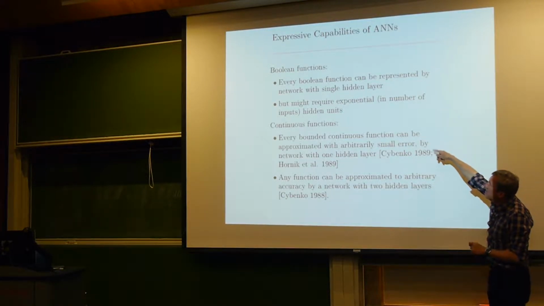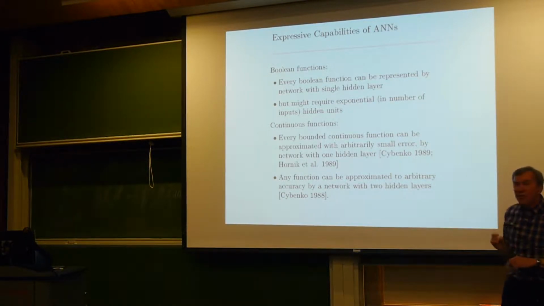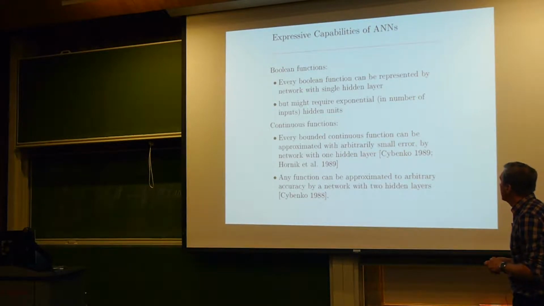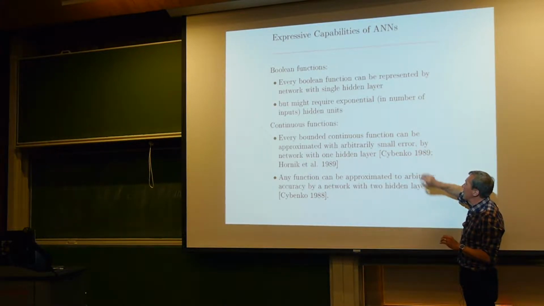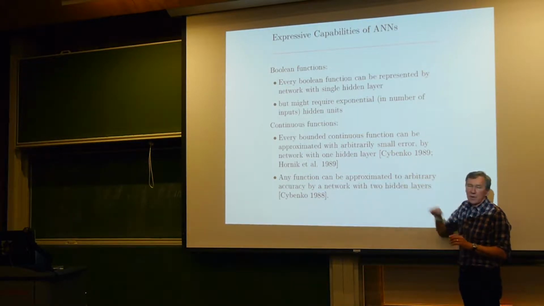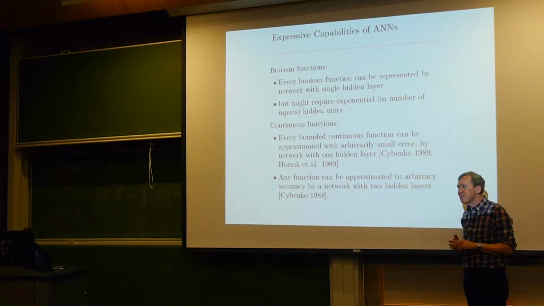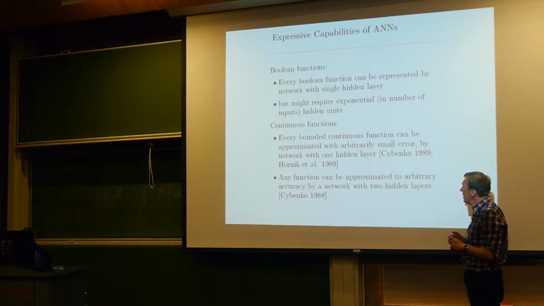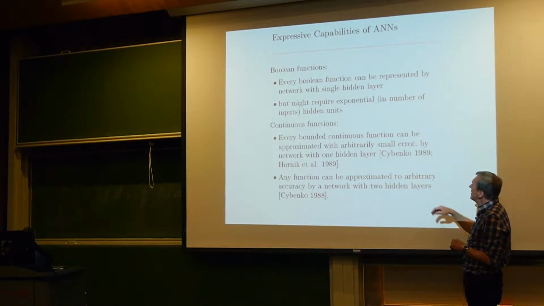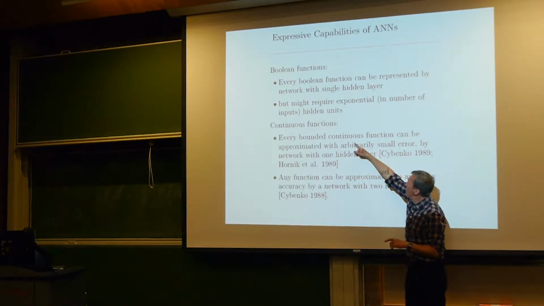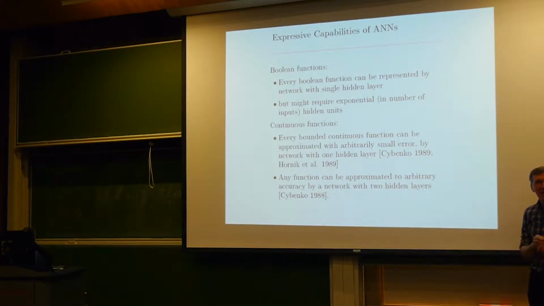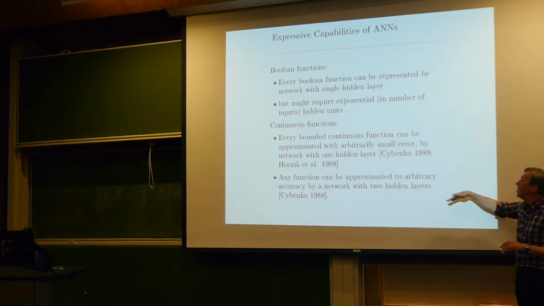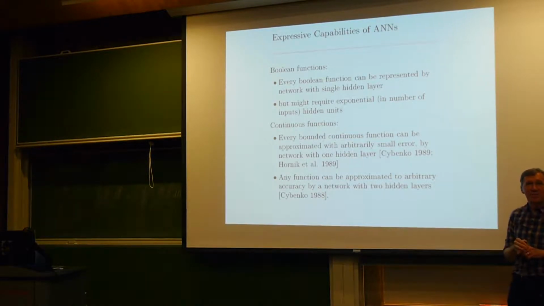We also know some things about continuous functions. Every bounded continuous function can be approximated with arbitrarily small error, again with a network with 1 hidden layer. And even if it's not bounded continuous, any function can be approximated with arbitrary accuracy if you have 2 hidden layers instead of 1.